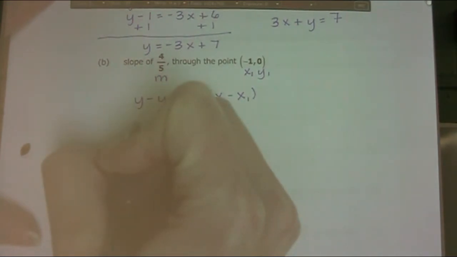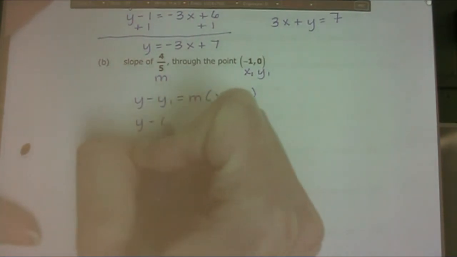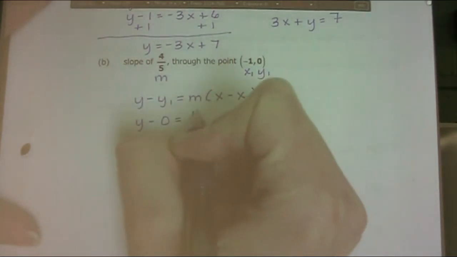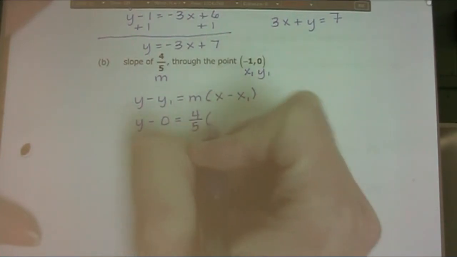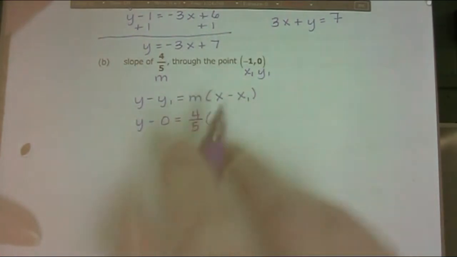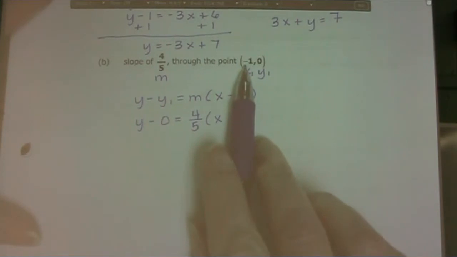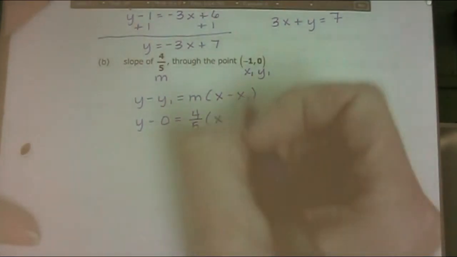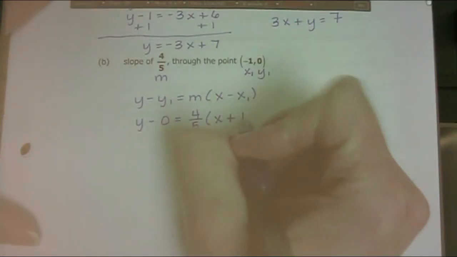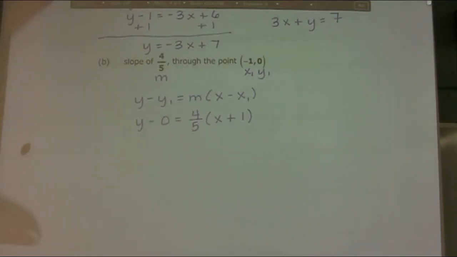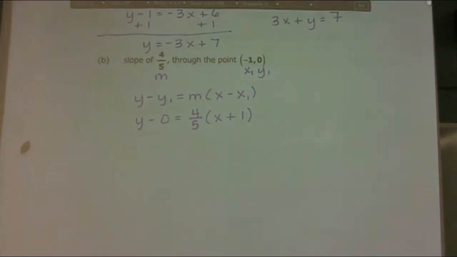And so I have y minus 0 equals 4/5 times x. Now if I have minus a -1, that's really the same as x plus a +1. Now, I'm eventually going to want to put this in standard form. Here's what I don't want in standard form: fractions.